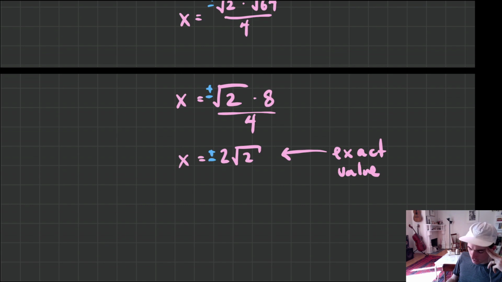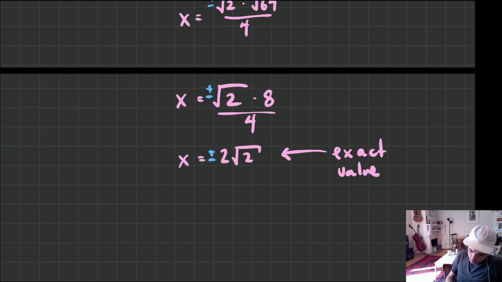And it also asks us to calculate a decimal version of it. So I'm going to go ahead and use my calculator to take the square root of 2, and then I multiply that by 2. And I get about 2.828.